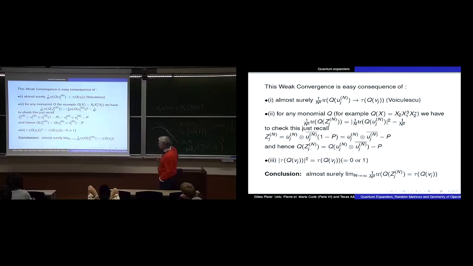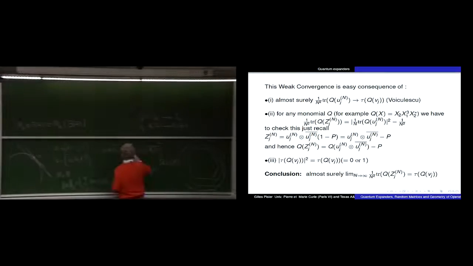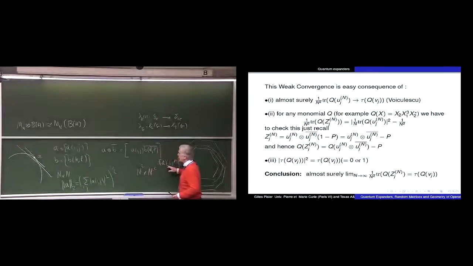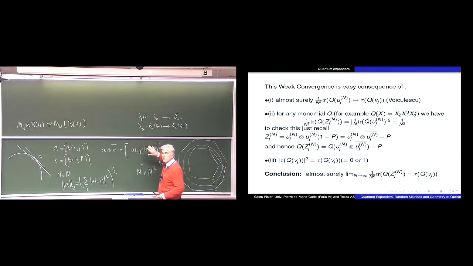So that's Voiculescu's well-known result. And then the second observation is just a simple calculation involving the trace. When you compute the trace of an element, well, it's written here. When you compute the trace of an element like that, you will get the trace of this times the complex conjugate of the trace of this.